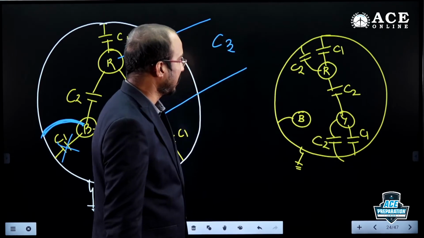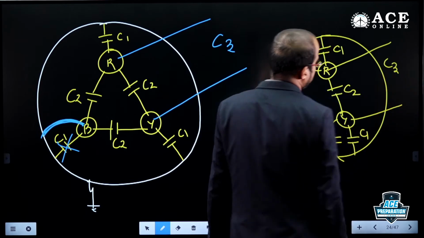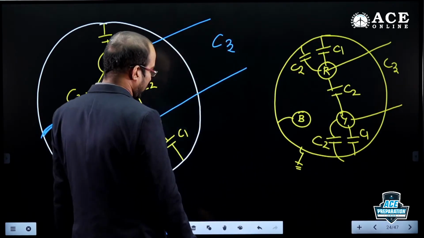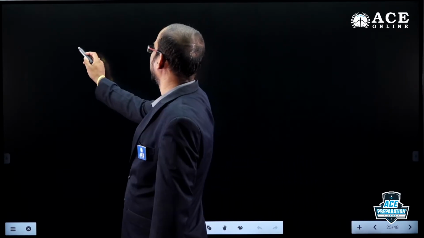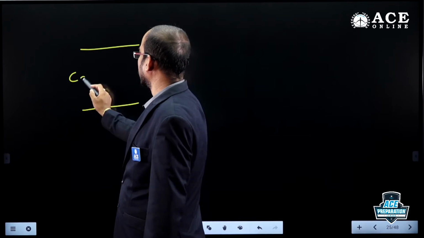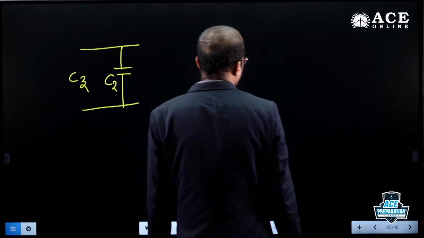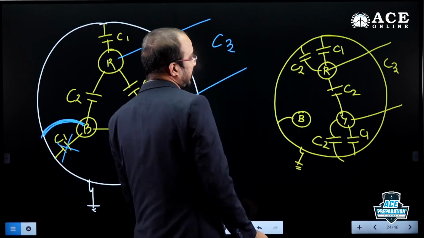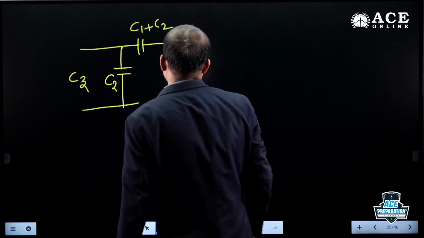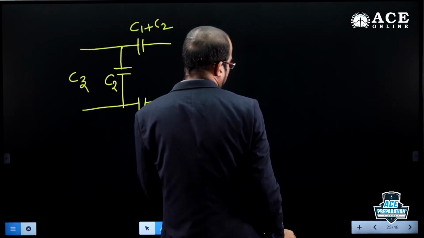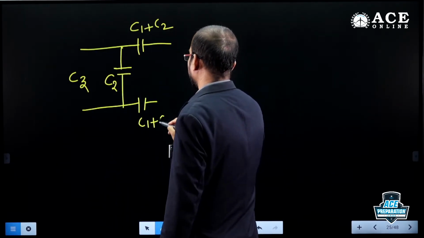Now this is the circuit and we are bothered about this Cz. How do you calculate the value of Cz here? Any idea? If you draw it for Cz, the circuit appears like this. There is core to core capacitance C2. And if you observe, these two are in parallel, C1 plus C2, and one more is in parallel, C1 plus C2.